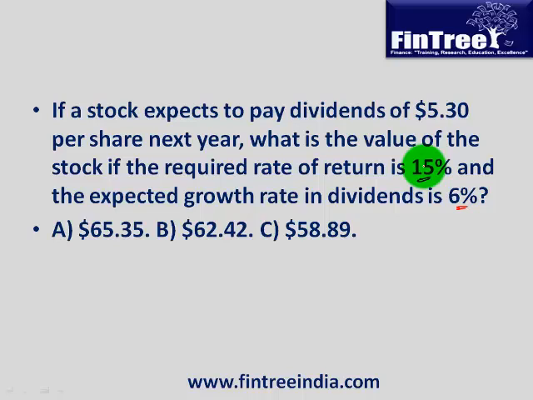Yes, what is the answer? C. The answer would be simply 5.3 divided by 9%. It says expects to pay dividend next year, so you don't have to again compound it for one more period. Abhimanyu, let's move ahead.